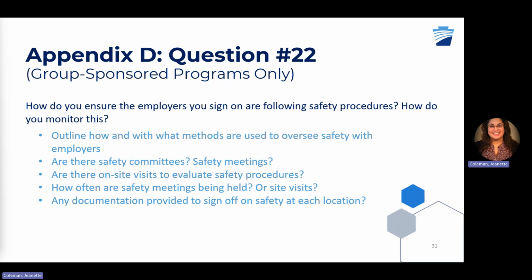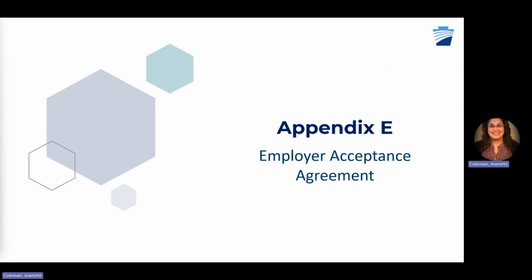So that concludes the Appendix D overview, and we are going to move on to Appendix E. So employers who join a group sponsorship complete an employer acceptance agreement. It contains information similar to what is included in Appendix A, but is specific to the employer who is joining the group-sponsored program.